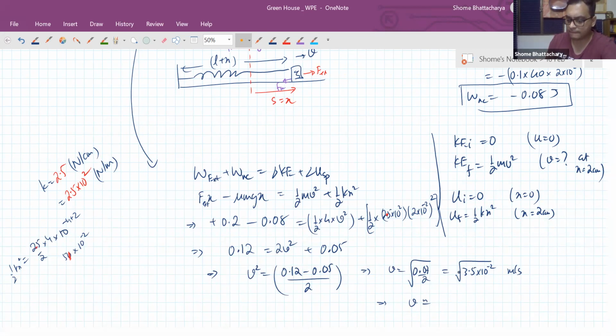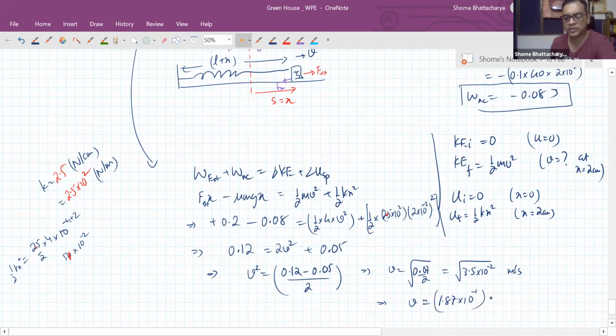Just check. So 1.87 actually into 10 raised power minus 1 meter per second, or you can say it is about 18.7 centimeters per second. This will be the speed of the block at x equal to 2 centimeters.